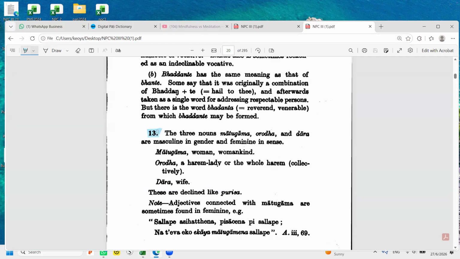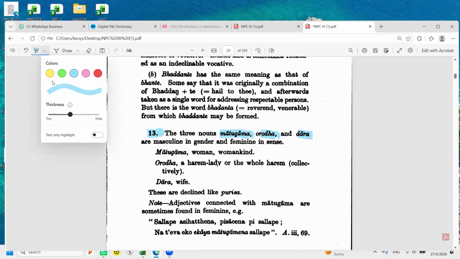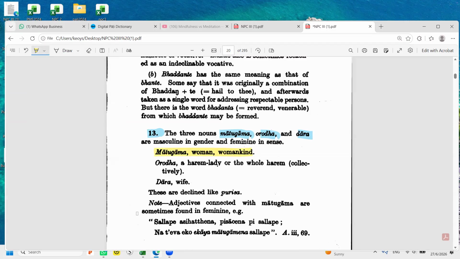The three nouns, one of them is matugama. One is orodha and dara. Masculine in gender, feminine in sense. So feminine in sense, that means the matugama here refers to woman. Oroda refers to harem lady. Dara refers to wife. All masculine, all these three are feminine in sense.